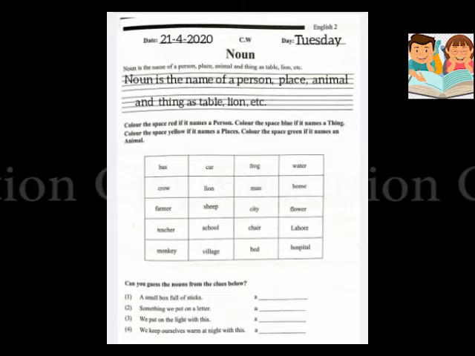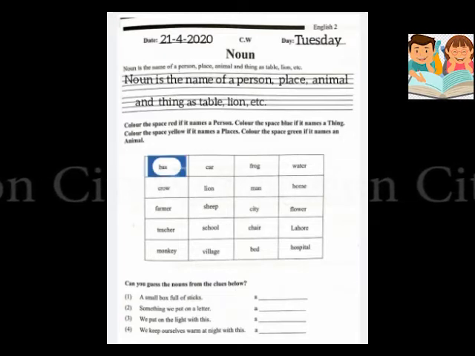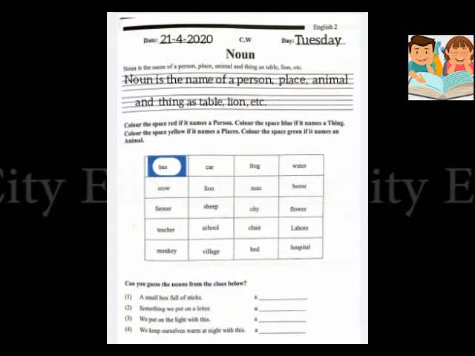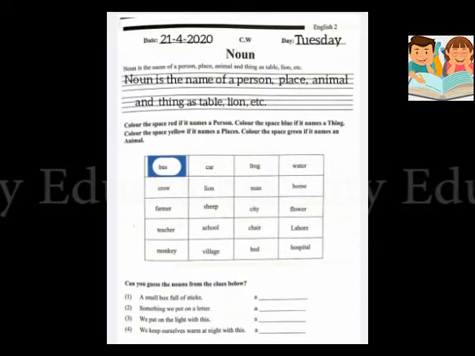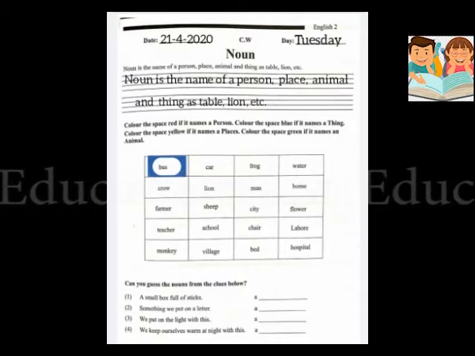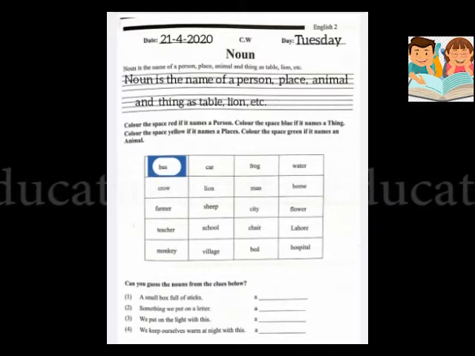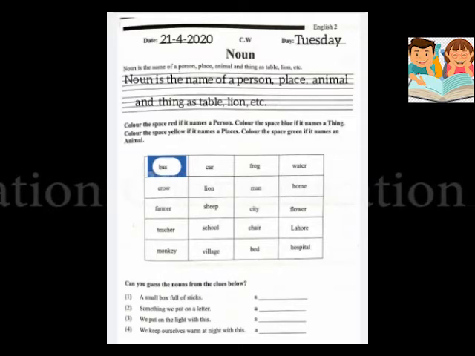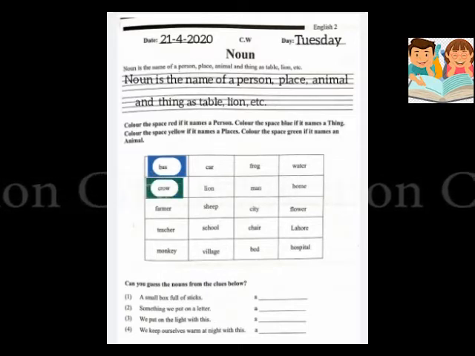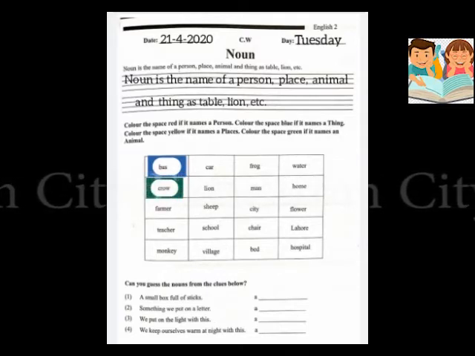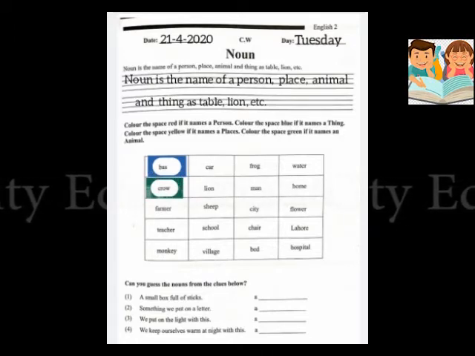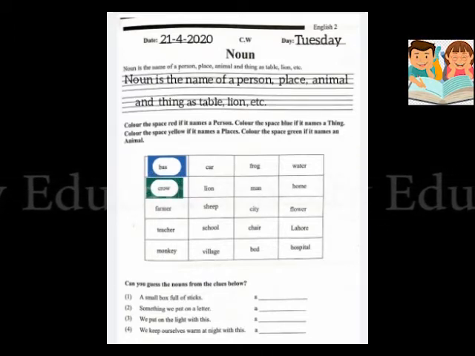Okay. So the first word is bus. So bus is a thing. So you will color the space blue. So the next is crow. Crow is an animal, a bird. So you have to color it green. Next is farmer.